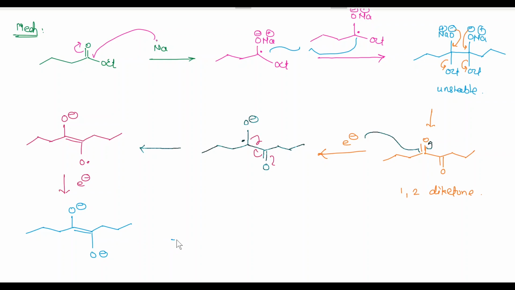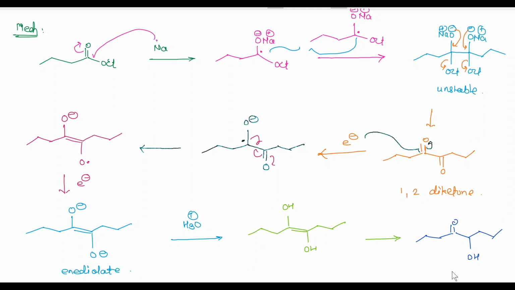In next step, this is called as enediolate, and after acid hydrolysis we get this vicinal diol, and finally we get our product, that is alpha hydroxy ketone.